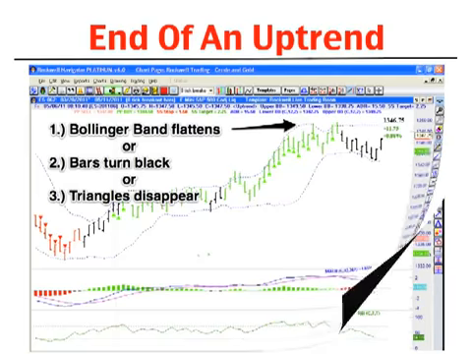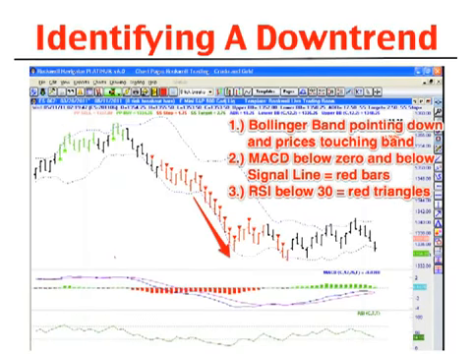And the same is true for a downtrend. In a strong downtrend, I want to see that the lower Bollinger Band is nicely pointing down and prices are touching the lower Bollinger Band. I want to see that the bars are red, meaning that the MACD is below the zero line and below its signal line. And I want to see that the RSI is below 30, meaning that I see red triangles above the bars.